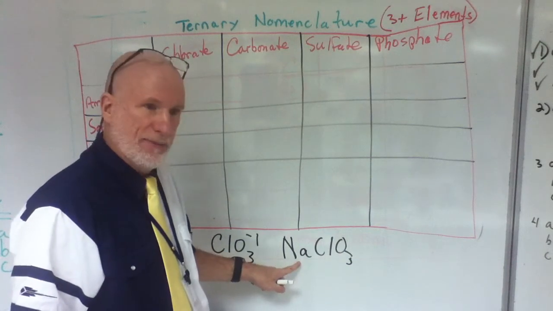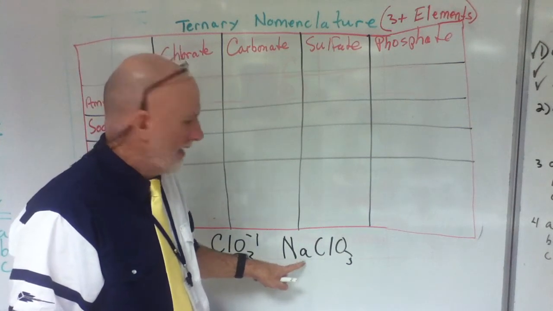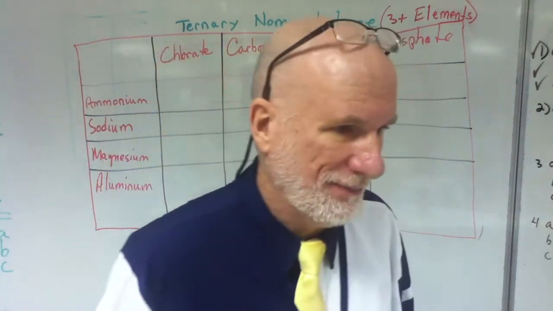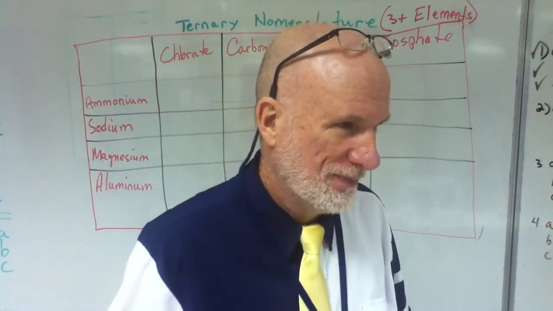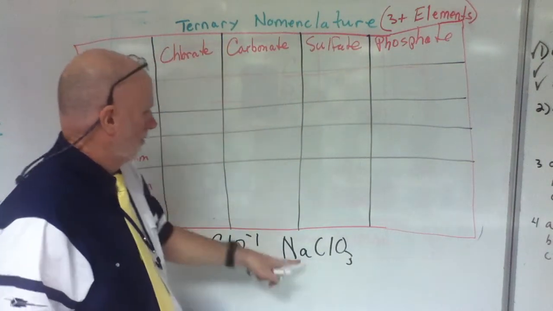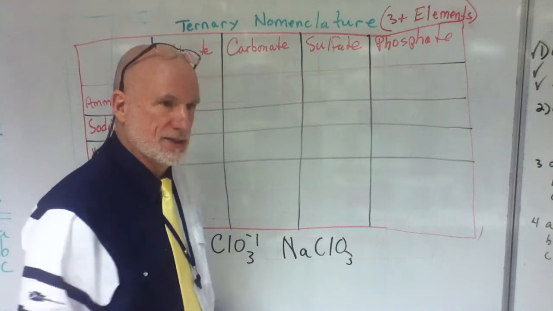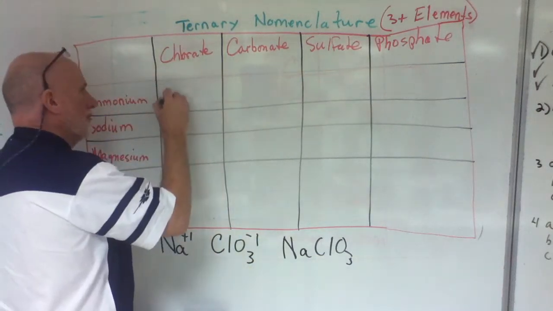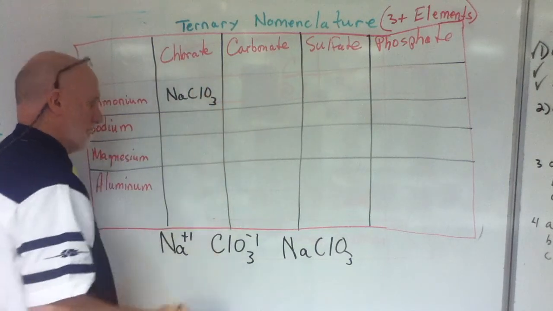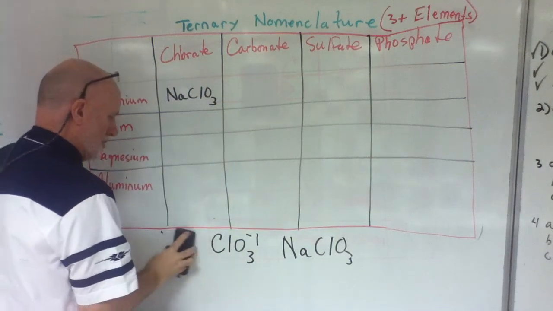Well, you say the name of the positive component and the name of the negative component. No IDE. You get that? So what's the name of this? Sodium chloride. Sodium chlorate. Sodium chlorate. You see that?